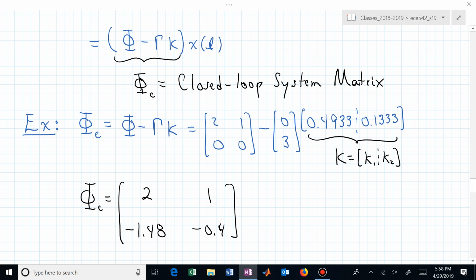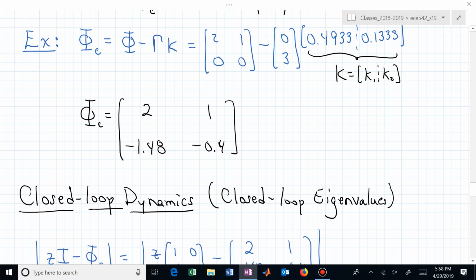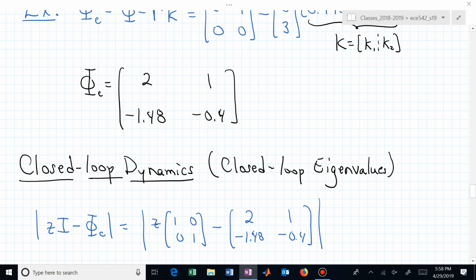Phi is now 2 by 2, and we have our gamma, which is 2 by 1, and now I'm simply substituting in the known values for K that are supposed to give us our closed loop eigenvalues where we want. And where we wanted those closed loop eigenvalues better fall out of the next check.